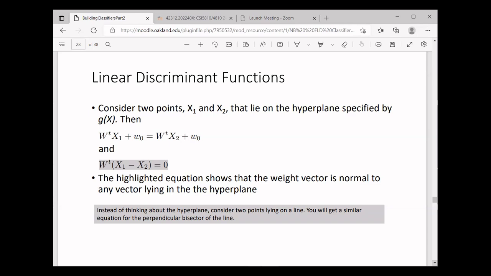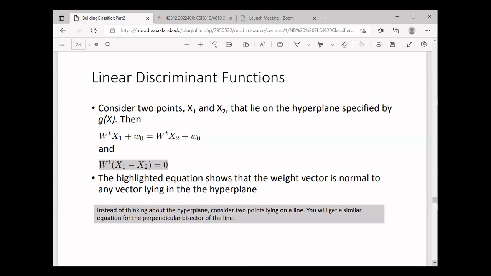Suppose we take two points, x1 and x2, that lie on the hyperplane specified by g(x). In that case, W transpose x1 plus W0 equals W transpose x2 plus W0.